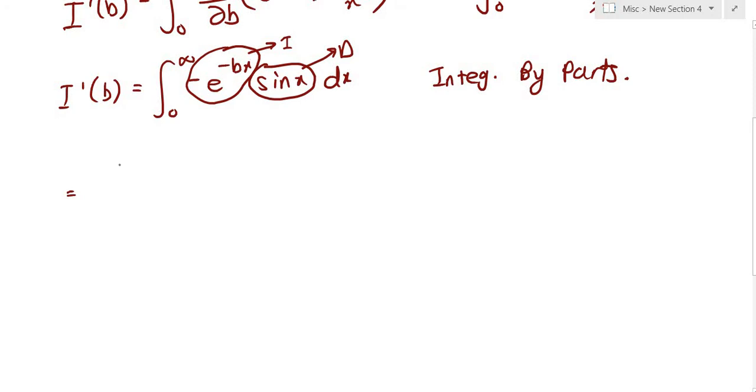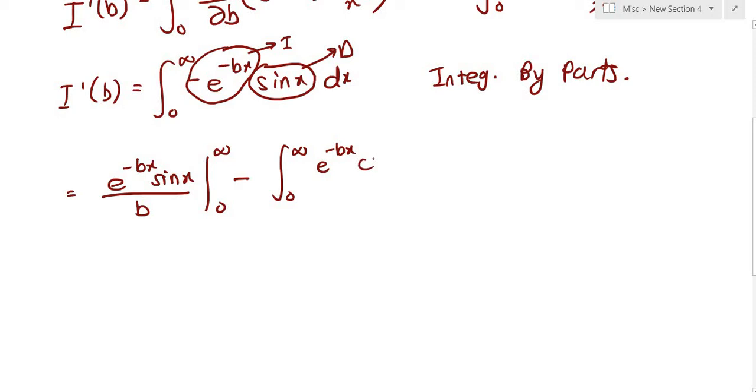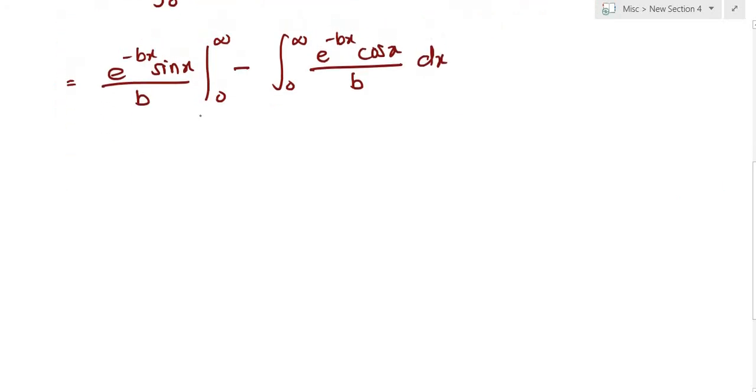The negatives will cancel out, so we have e raised to negative bx times sine x divided by b evaluated from 0 to infinity, minus the integral from 0 to infinity of e raised to negative bx, the derivative of sine is cosine of x, divided by b dx again. Well, this is I prime of b, right?